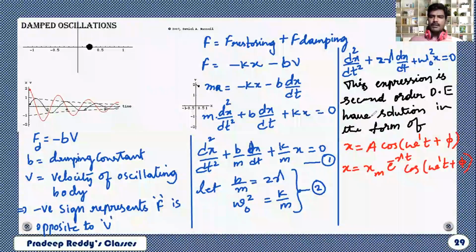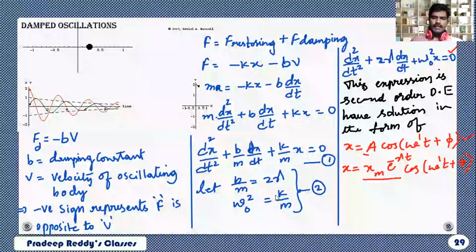So the above expression is a second order differential equation, and every differential equation will have a solution. This second order differential equation will have a solution in the form x is equal to a cos(ω′t + φ), where a is variable with respect to time and is given by x_m e^(-γt).